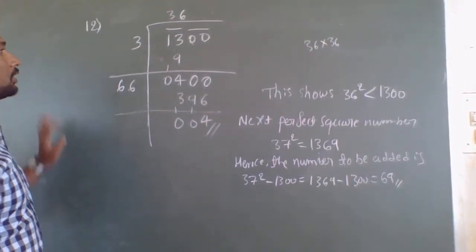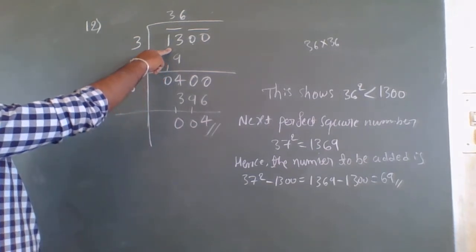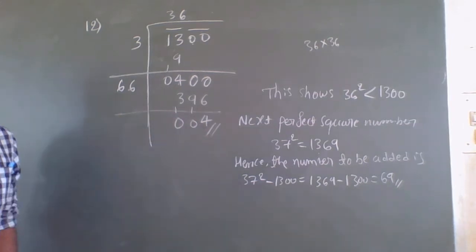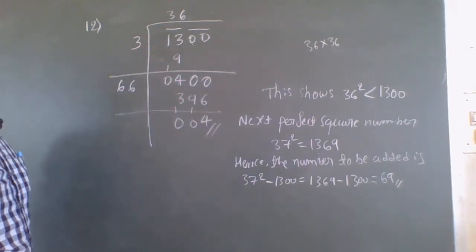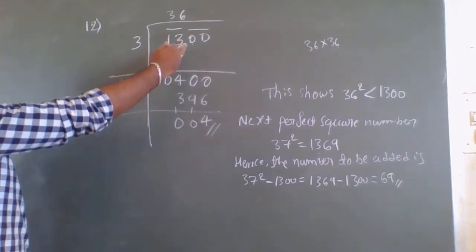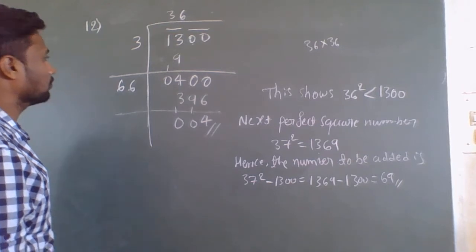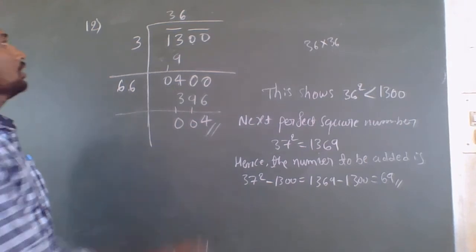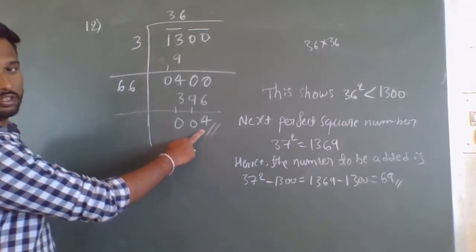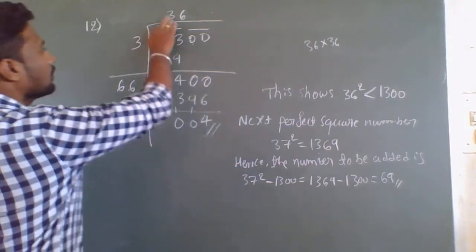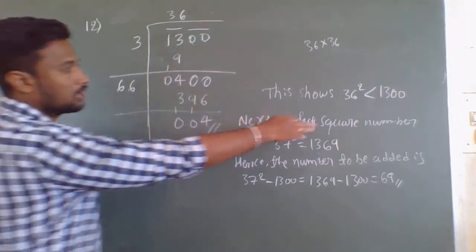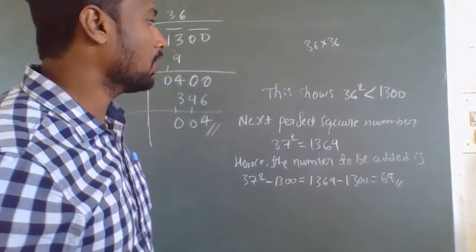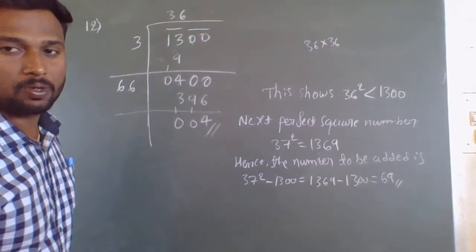So by the division method, we tried to find the minimum integer value which is to be added to 1300 to get a perfect square. This 1300 is not a perfect square number. Here we got 4 as the remainder. This shows that 36 squared is less than 1300. But in the question they asked which number we have to add to get the perfect square.